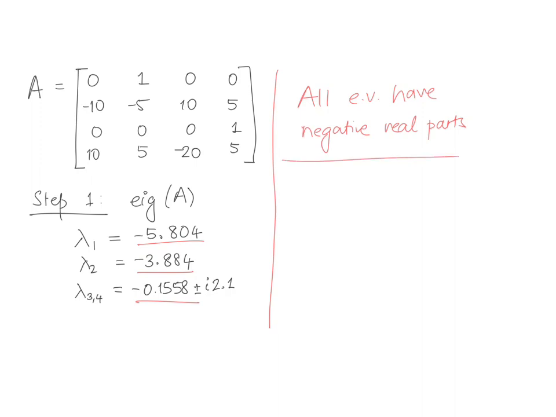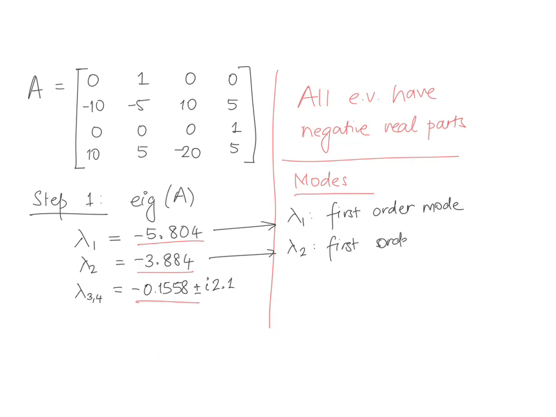The second observation is identifying the modes of the system. So let's identify the modes. We see lambda 1 over here. That's a first order mode. It's one real eigenvalue. So lambda 1 corresponds to a first order mode. Same with lambda 2, which also corresponds to a first order mode, just one real eigenvalue.